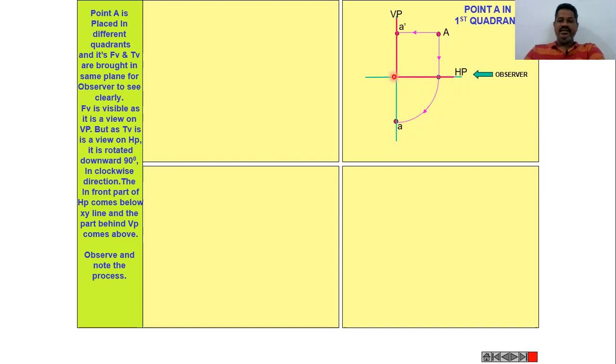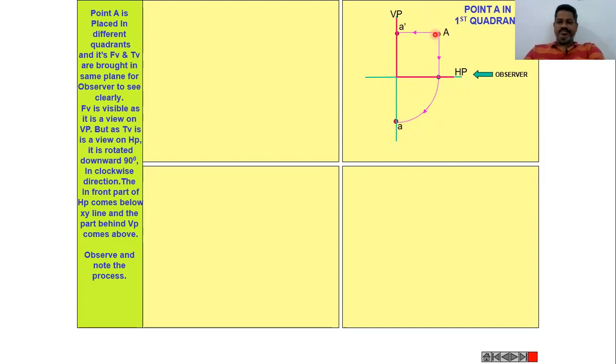The XY line is where the vertical plane and horizontal plane intersect. So with respect to the XY line, I am rotating the horizontal plane in clockwise direction by 90 degrees.